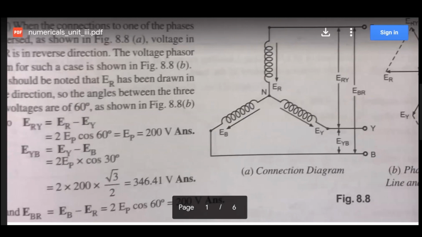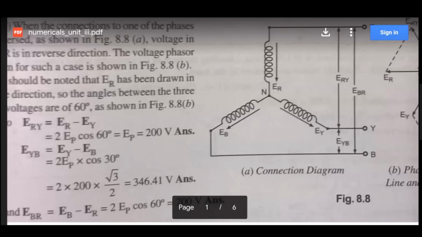Now the other line voltages. In the previous numerical, I told you that when the system is balanced, the line voltages will be equal in magnitude and phase angle.